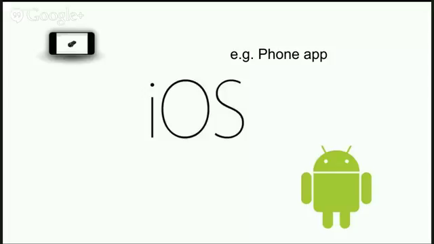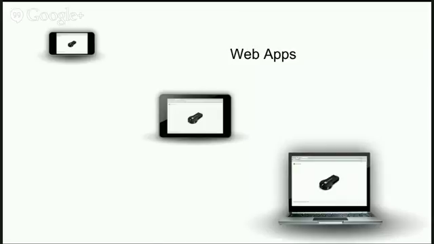But the Google Cast isn't limited to just phones. It can run on devices like tablets, and it can be even in a web application running on a computer as well.